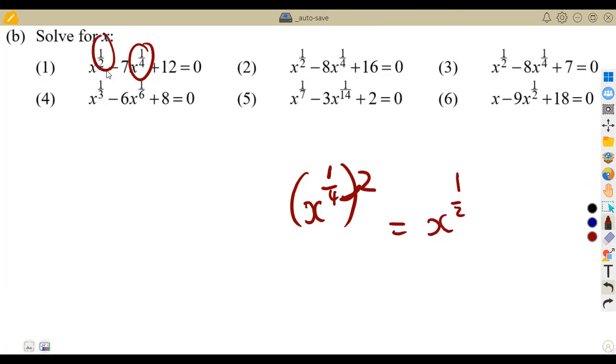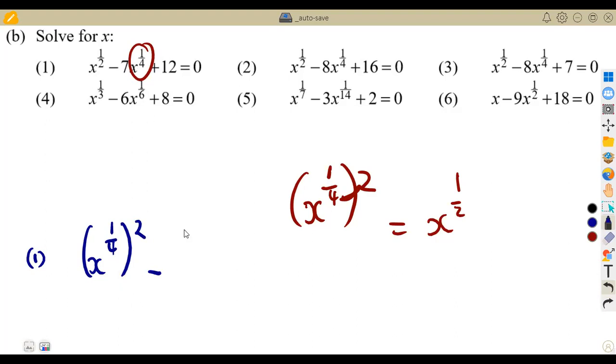And this is what I see here, x to the exponent of a half. So I'm just changing this to be written in terms of this one, so that I form a normal quadratic equation. So that is going to be x to the exponent of 1 over 4 to the exponent of 2. Now we have a quadratic equation, okay?